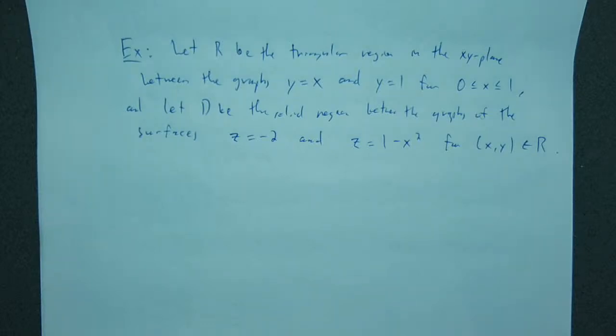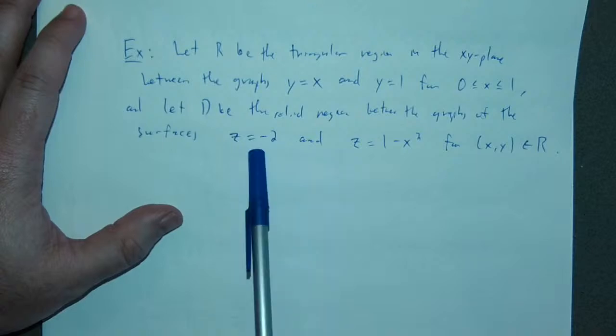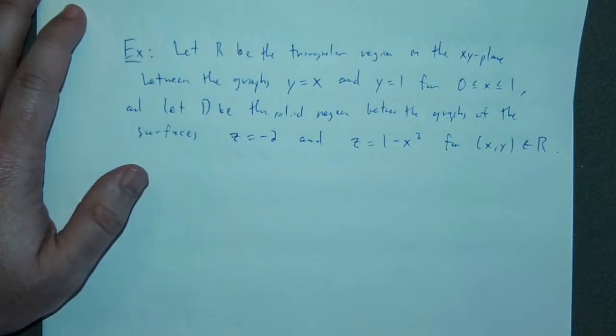So remember, if you go to files on Elms, forever ago I posted a list of some of the basic graphs. If you haven't had a look at that, it's at the very beginning of the chapter 13 stuff. This is a parabolic sheet. Envisioning this is a little bit hard, but there's no need to.